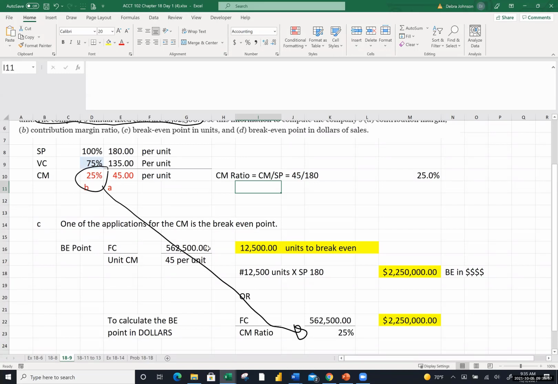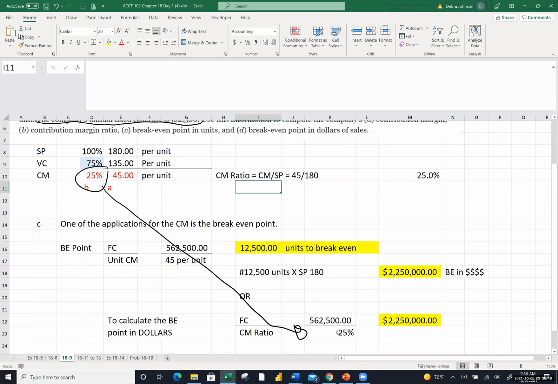In the first one, when we were calculating the break-even point per unit, we plugged in the per unit value, $45. When we were calculating the second one, the break-even point in dollars, that's where we were plugging in that percentage, that ratio.